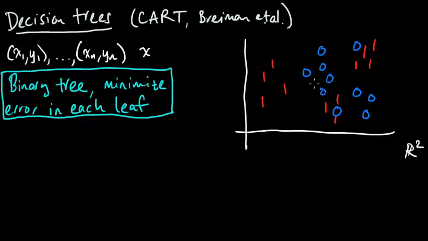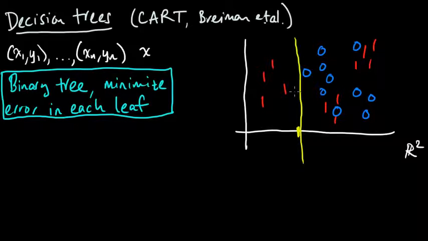Now, we have our data set. These are all points, and each of them has a label. And in a decision tree, you choose a sequence of binary splits of the data. So first, if you want to split this data in some good way, maybe a first choice would be to split on the first coordinate here.